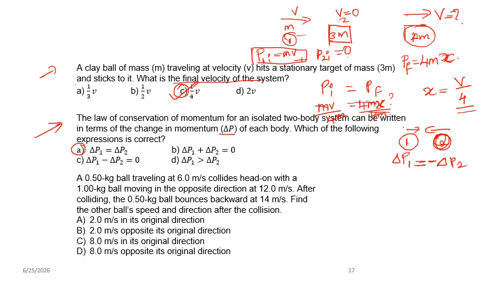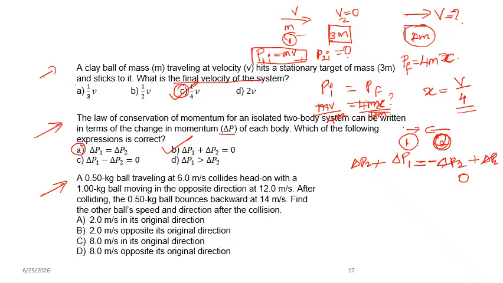Suppose you add a positive delta P2 to both sides, then you get 0 on one side and delta P1 plus delta P2 on the other. The change in momentum of the first plus the change in momentum of the second, added together, gives 0. So the second option is the correct answer. Now look at the next question.